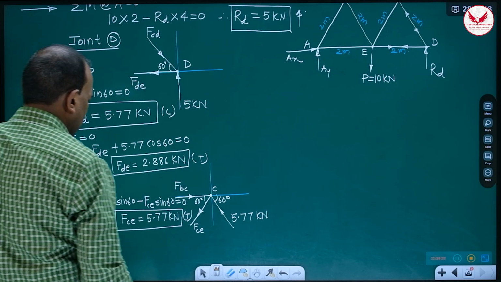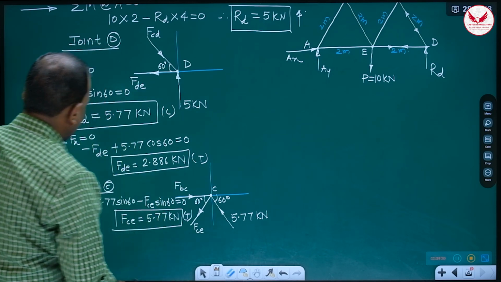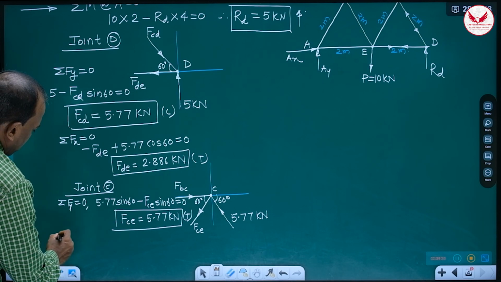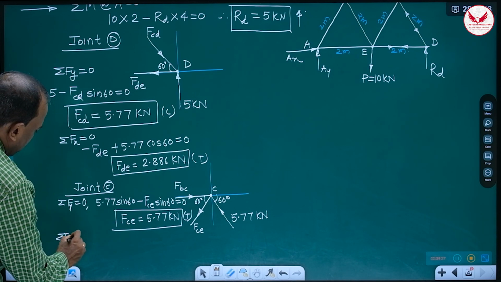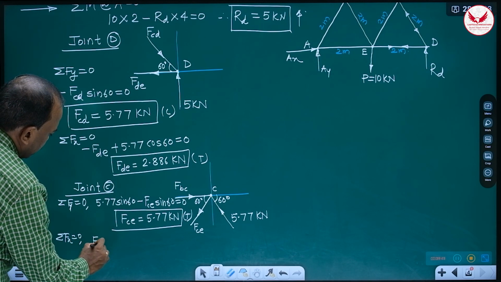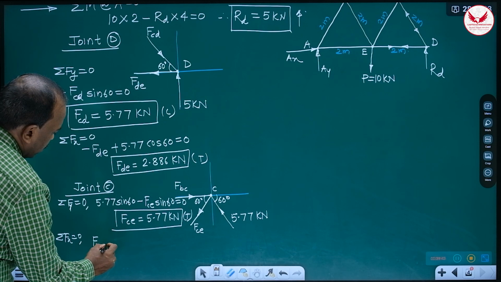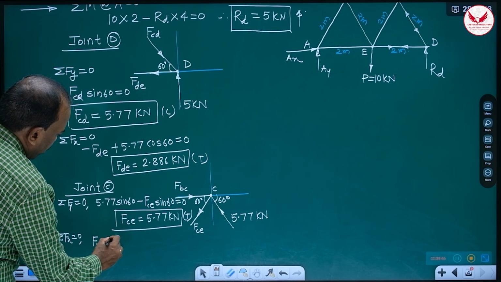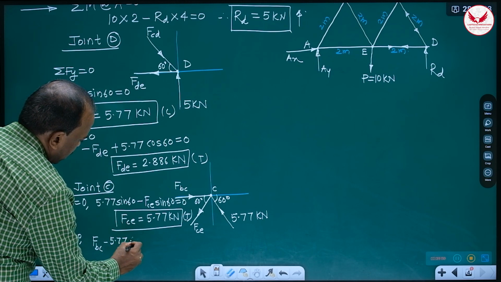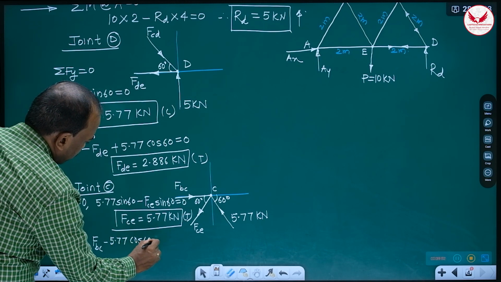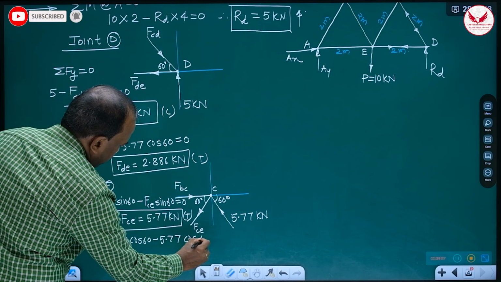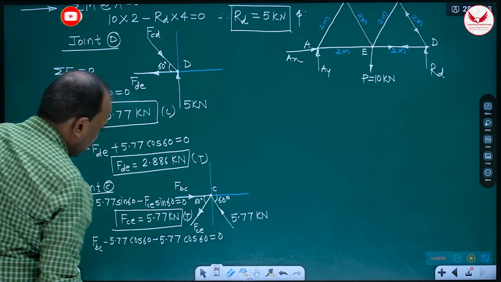FC is 5.77 tensile, and if I use summation Fx is equal to 0, what I'll get? FBC minus 5.77 cos 60 minus 5.77 cos 60 is equal to 0.